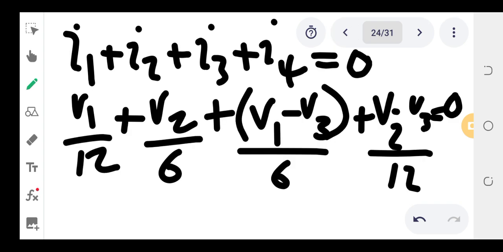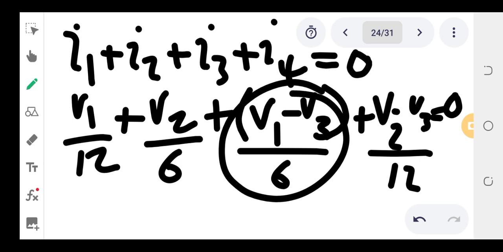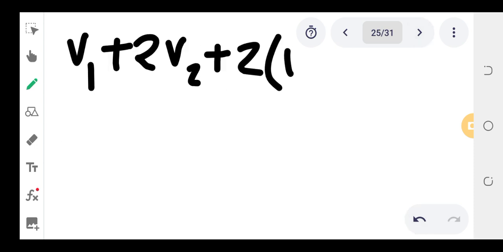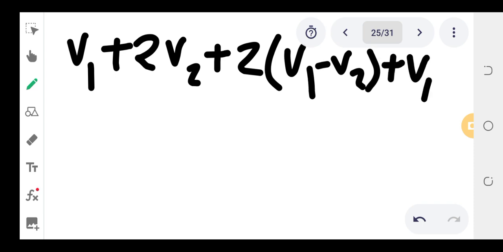If I multiply by 12 here, I'm getting a 2 on top. So we get 2V1 minus V2 plus, there everything will cancel. The 12 will go into 12. So V3 equals 0.